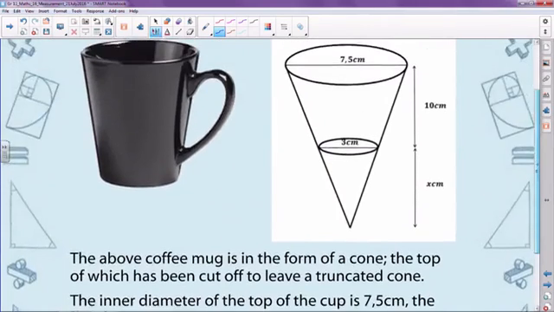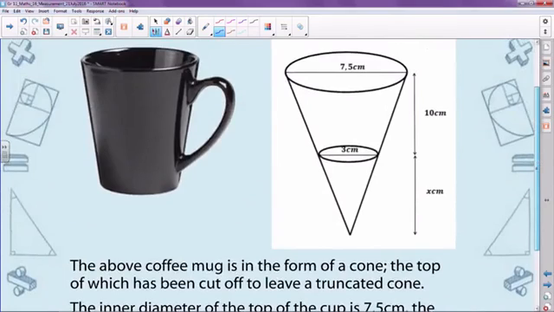All right. So, guys, what are they looking for here? They are asking for the volume of this cup, right? Now you've got a 7.5 centimeter diameter. First of all, you need to calculate what your radius is.